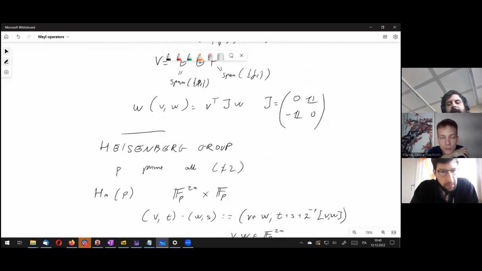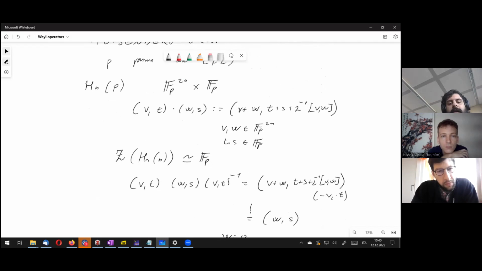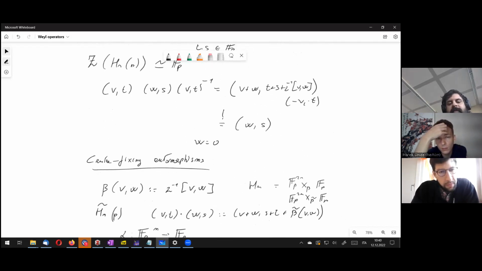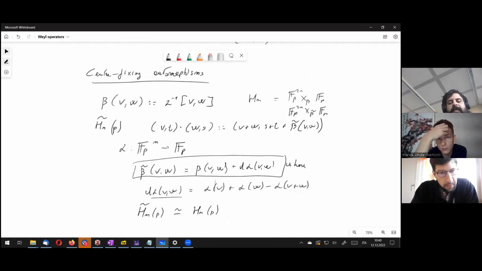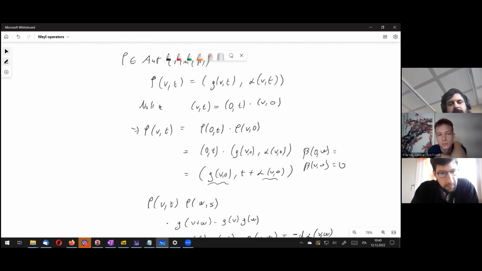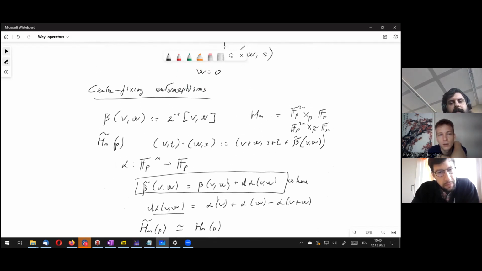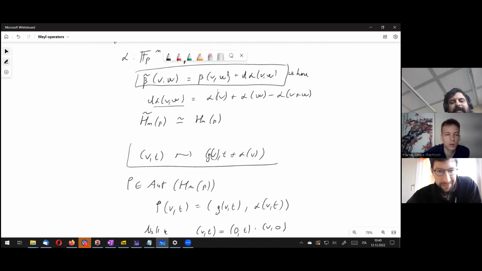And then we talked about the Heisenberg group for fields of characteristic that is not two. We studied its center and its center fixing automorphisms, and we saw that they must satisfy some condition, written somewhere. Okay, this condition here.